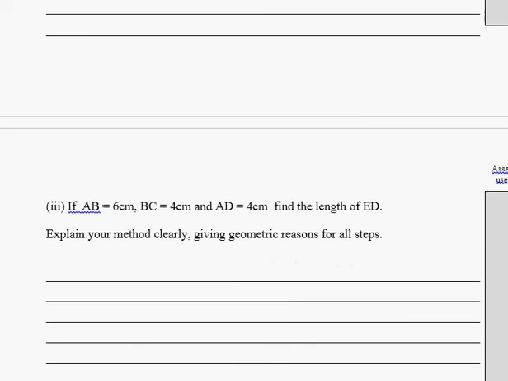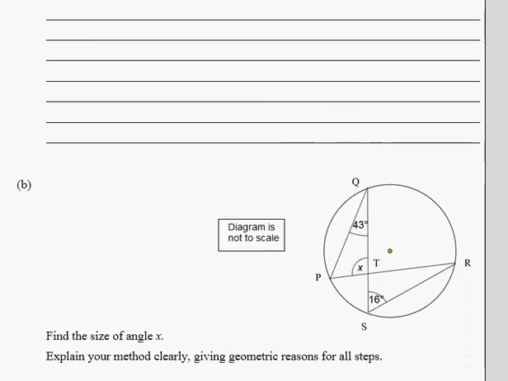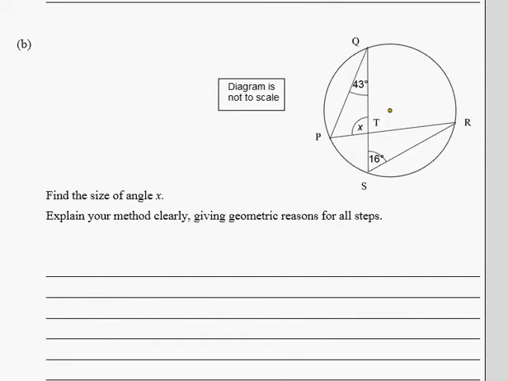Right, if we're looking at B, we've got a circle geometry question. It's not a very difficult one. Find the size of angle X. Well, I can see that that must be 16 as well, because there's my butterfly, and these two angles are at the circumference, so that's angle QPT.